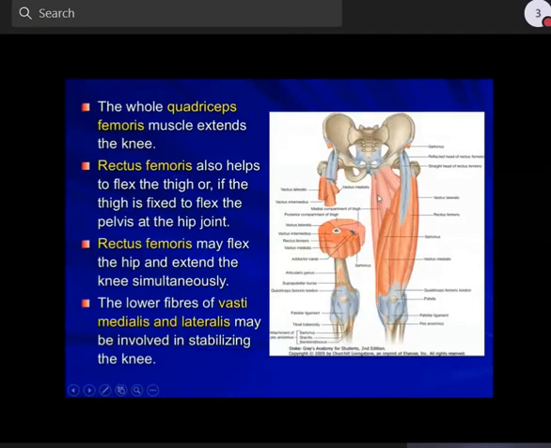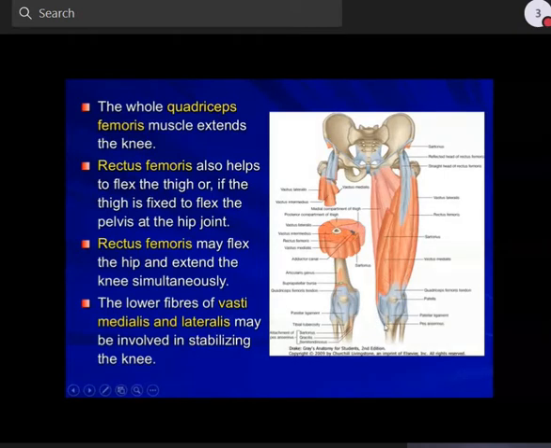A representative of adductors is gracilis, and a representative of flexors is semitendinosus. These three tendons are flattened and form the pes anserinus superficialis.